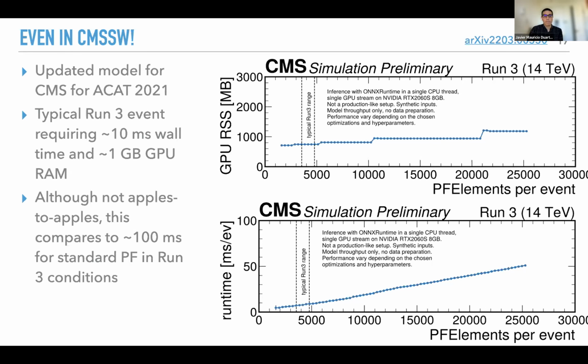Although it's not totally apples to apples, this can be compared to roughly 100 milliseconds, which is what the standard PF algorithm is expected to need in run 3 conditions. So you can get an idea that this is quite a large speedup, about a factor of 10 for this kind of algorithm. Of course, using a GPU though.